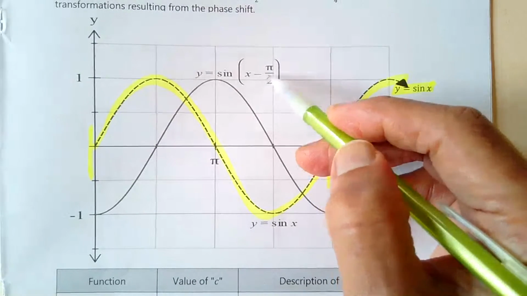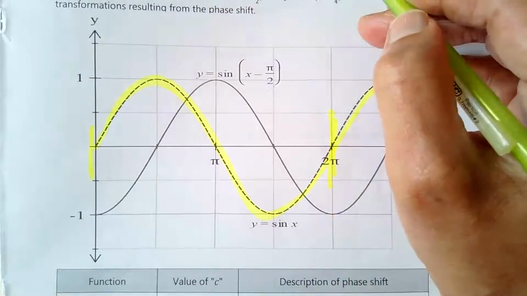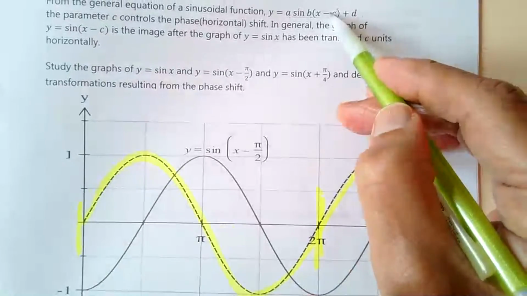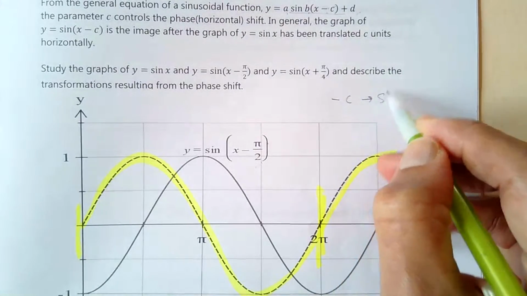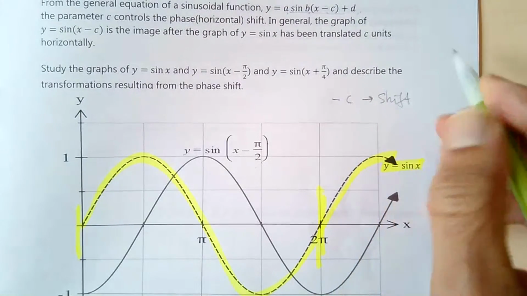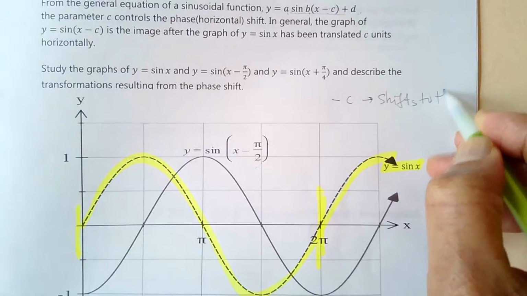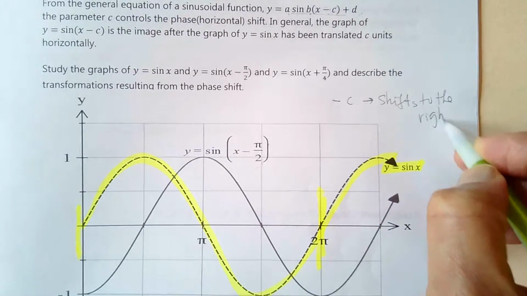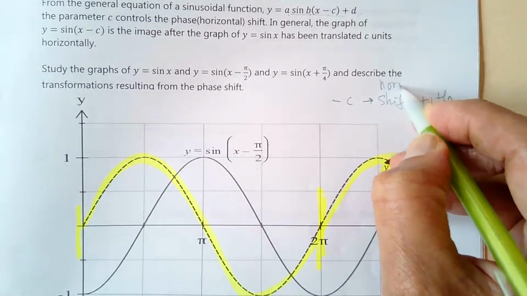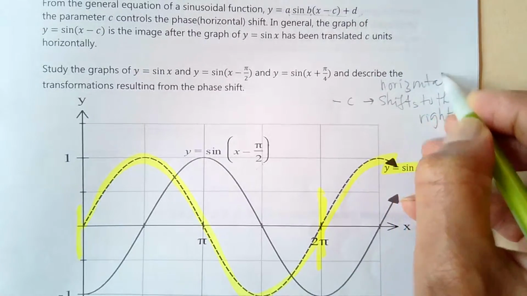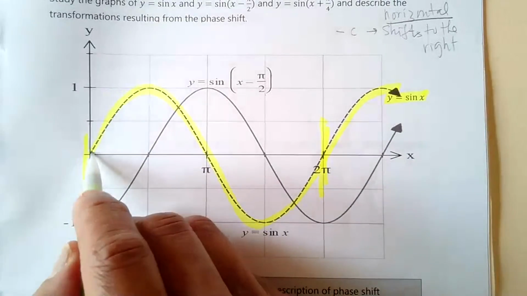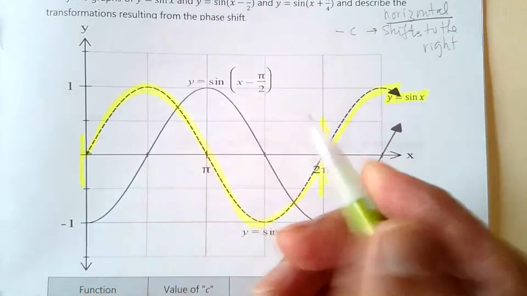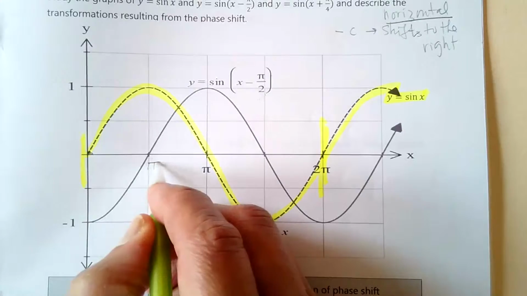In other words, this graph shifts to the right. If c is negative, the horizontal shift is to the right. So the graph shifts to the right. Starting from here, it will shift pi over 2 units.